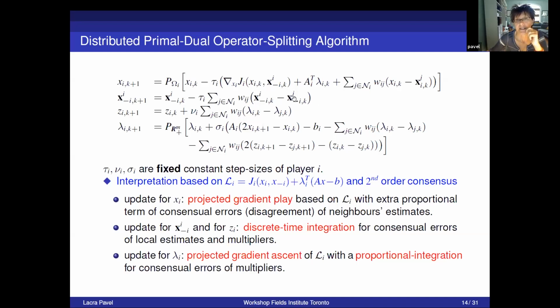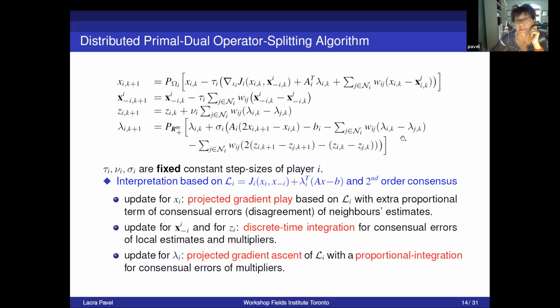And the idea is that because they want to achieve a consensus, they're going to update it with the discrepancy between their neighbors, with a correction that's added to this projected gradient play. And then the last two are the equations for updating the dual variables lambda. Again, this is just a generalization of the one we saw initially based on the center, just so that they achieve a consensus based on local communication.